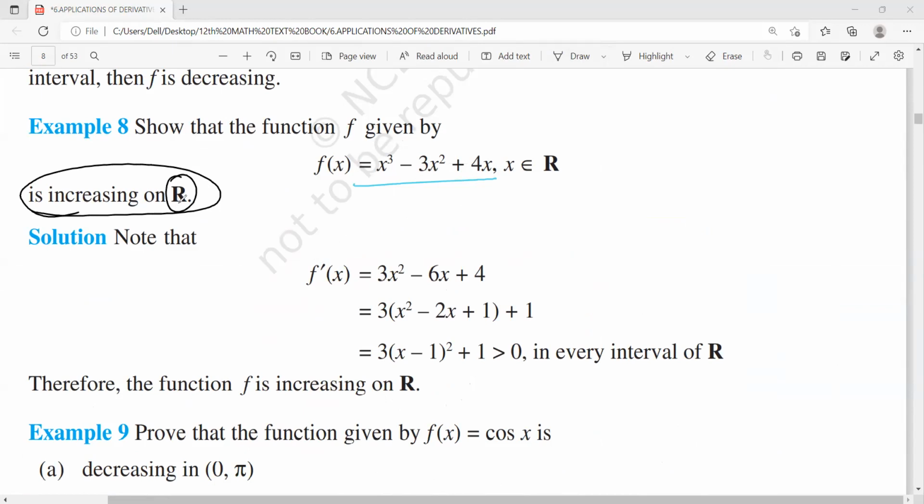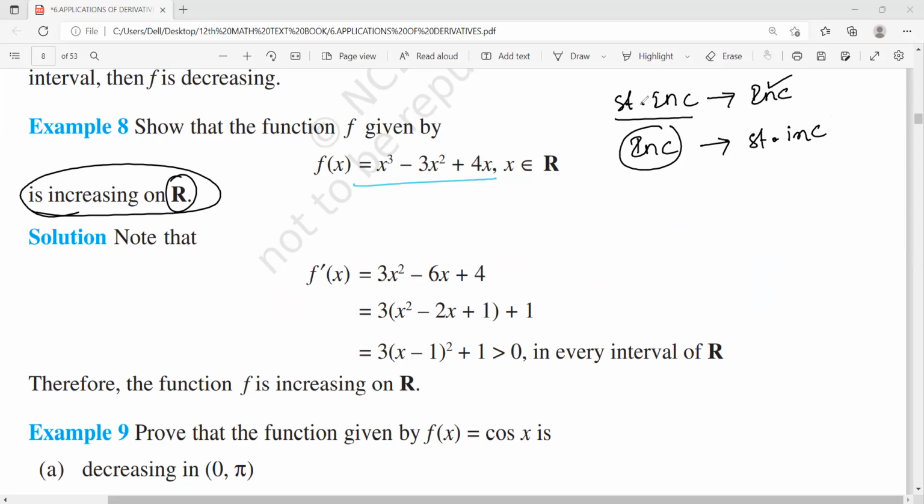If it is strictly increasing, you can say it is increasing, no problem. But if it's increasing, then you can't say strictly increasing. It may or may not be strictly increasing, but if it is strictly increasing, you can say increasing, there's no problem. So we don't need to specify that it is strictly increasing.